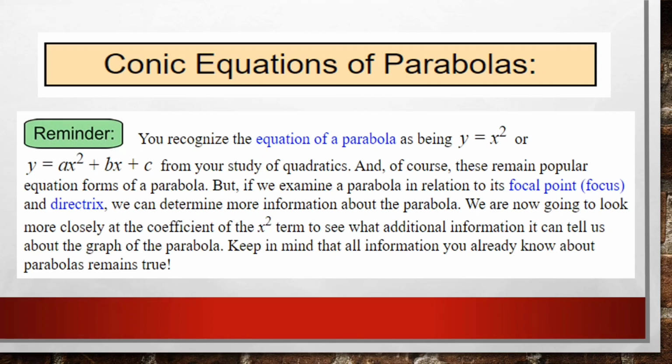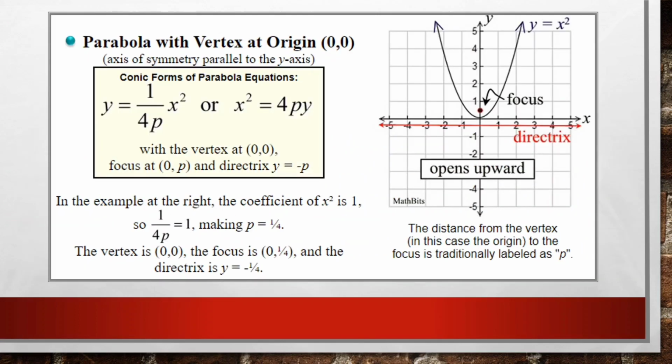But if we examine a parabola in relation to its focal point, focus, and the directrix, we can determine more information about the parabola. We are now going to look more closely at the coefficient of the x squared term to see what additional information it can tell us about the graph of the parabola. Keep in mind that all information you already know about parabolas remains true.